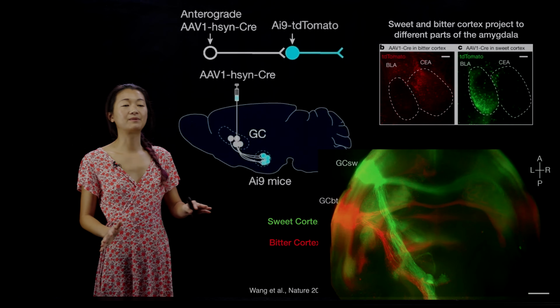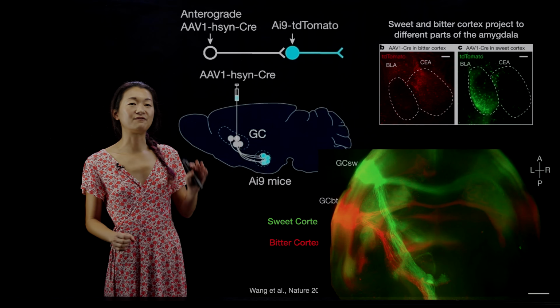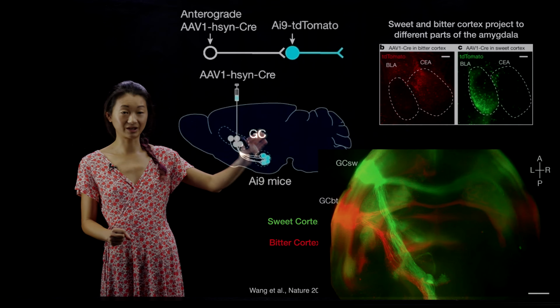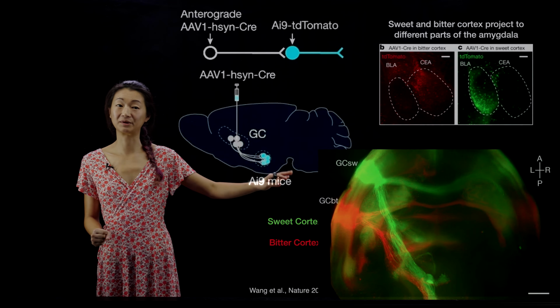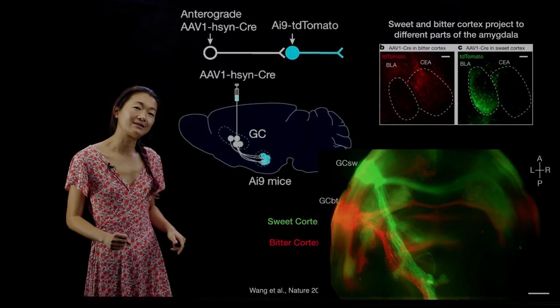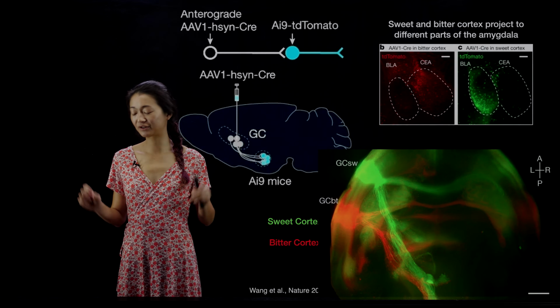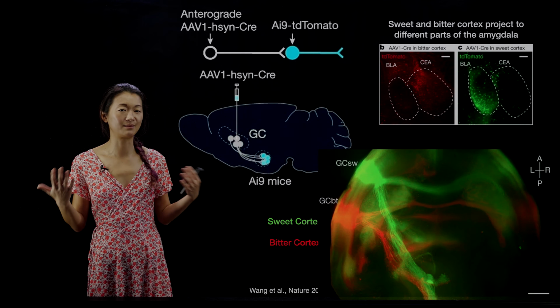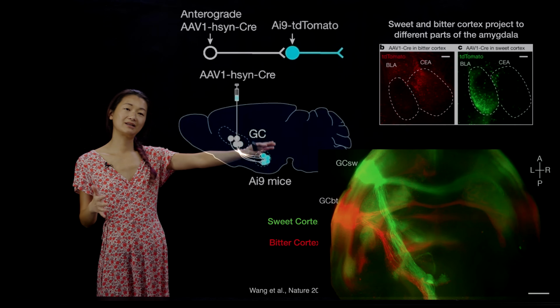Now, what this paper demonstrated is that if you look at where the gustatory cortex projects to, the next place it projects to is called the amygdala. Now, I haven't talked to you about the amygdala before, so I'll just do a one or two sentence summary. The amygdala is a very deep structure in the middle of your brain.